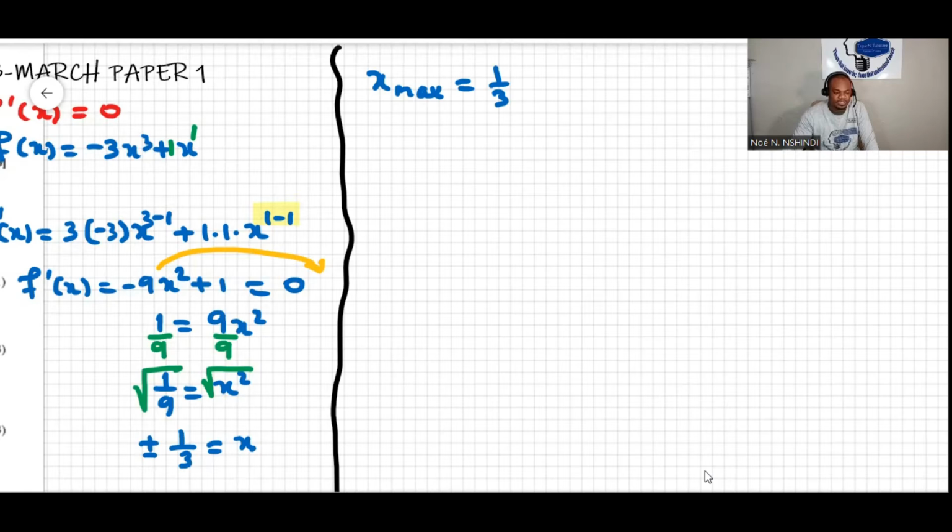Because f of x is equal to negative 3x cubed plus x, we're going to substitute the value of x max here to find the maximum y value, y max.